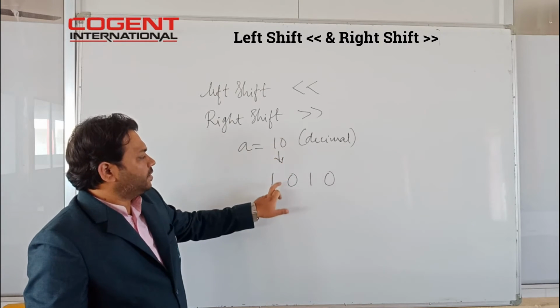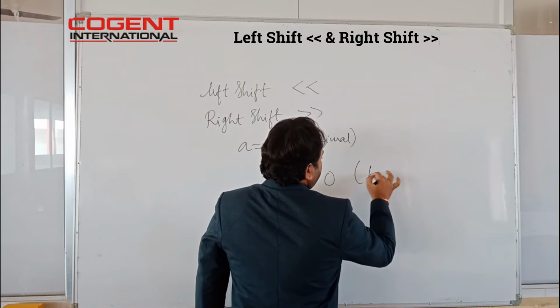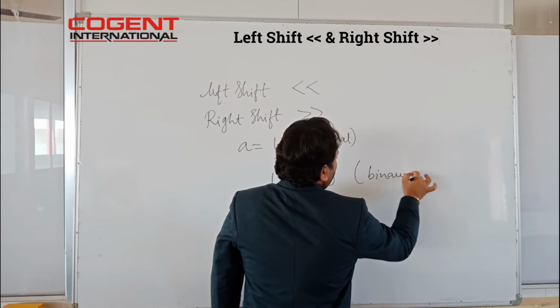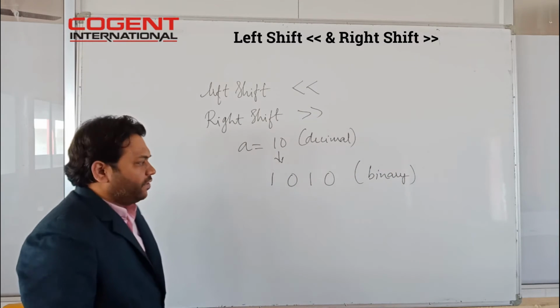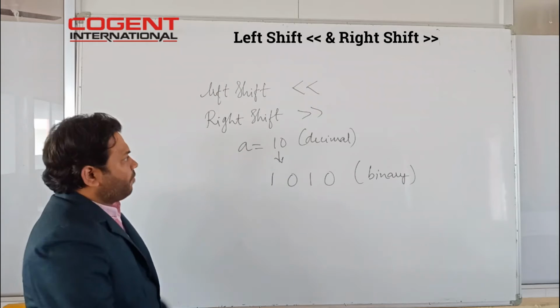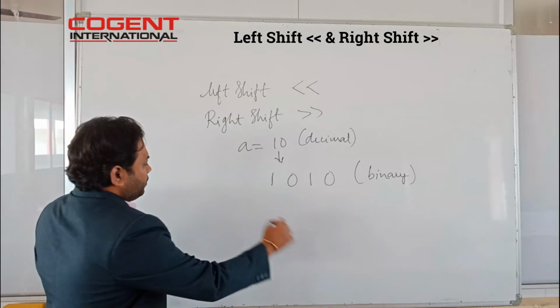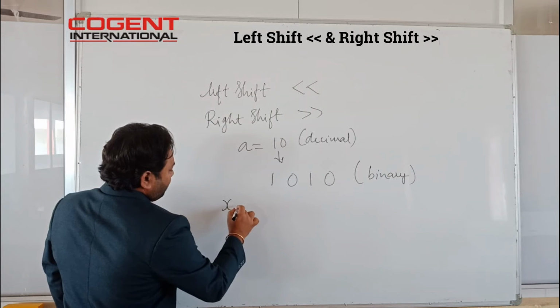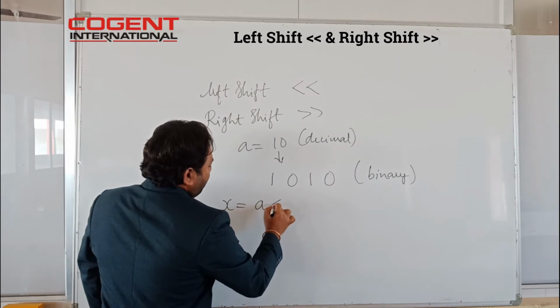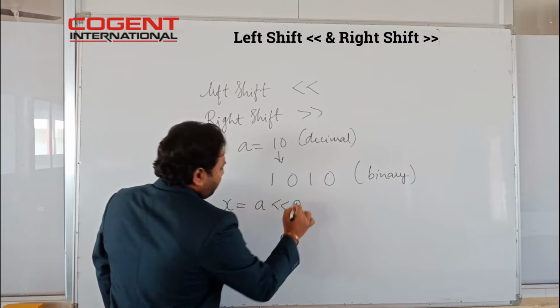This is in decimal, this is in binary. Getting my point? Suppose I perform the left shift: x is equal to a left shift by 2.